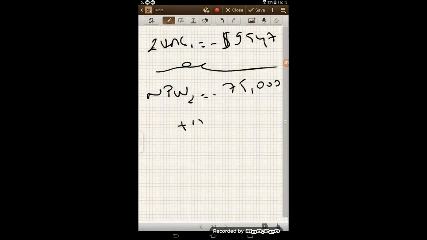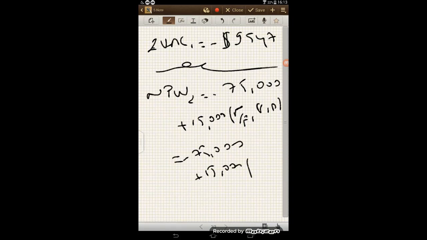So it's 75,000 plus 15,000 multiplied by P over F for 8% for 10 years, which is 0.4632.